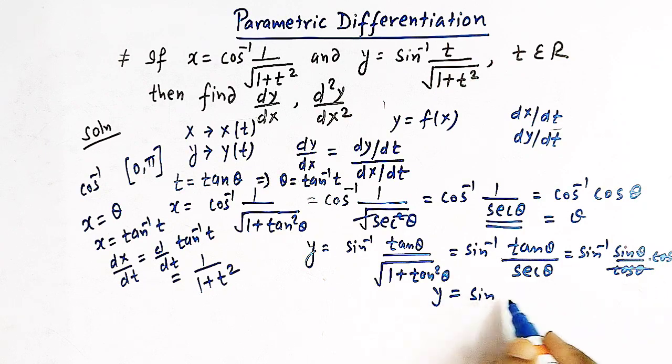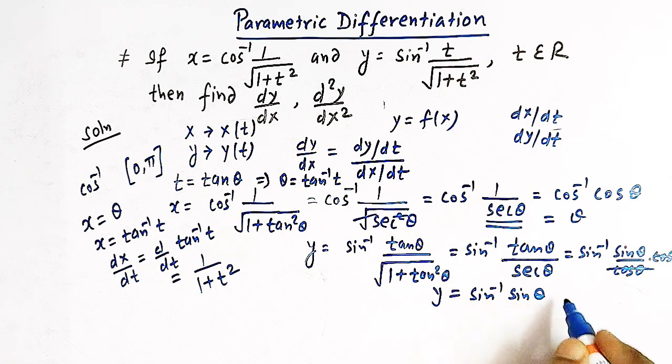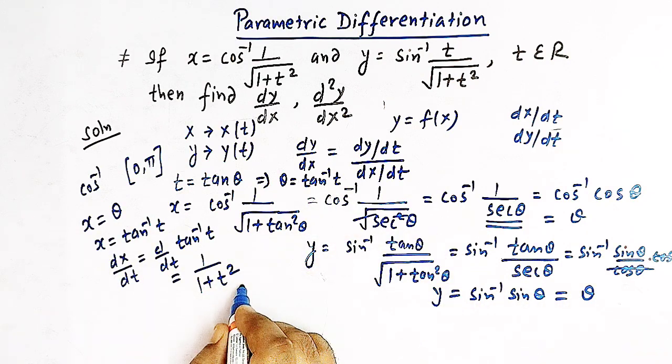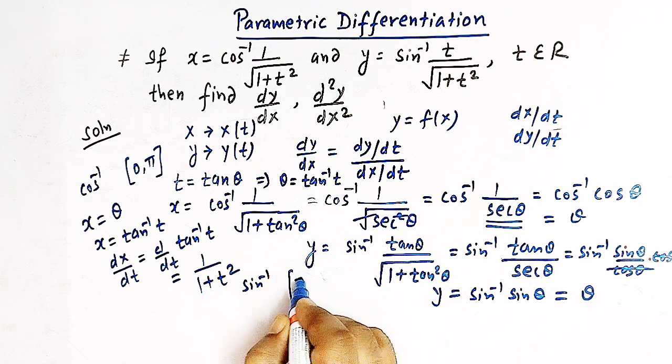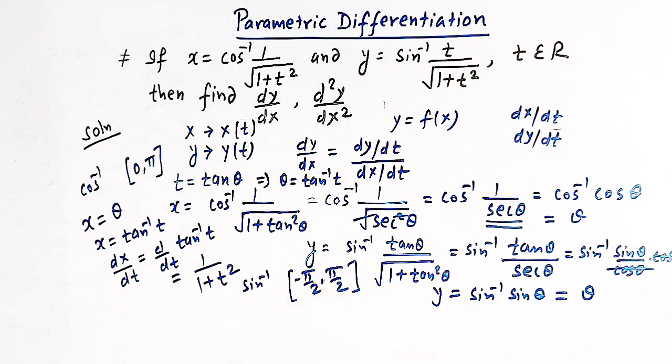We have y is equal to sine inverse sine theta. Again from inverse trigonometric functions, sine inverse and sine get cancelled and we are left with theta, provided the principal value branch of sine inverse is from minus pi by 2 to pi by 2.